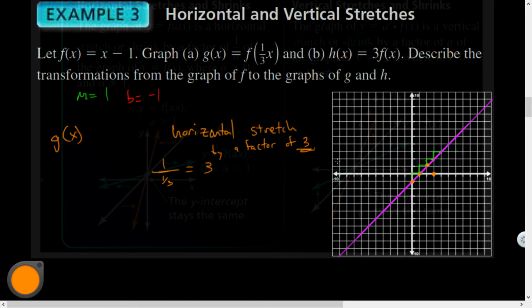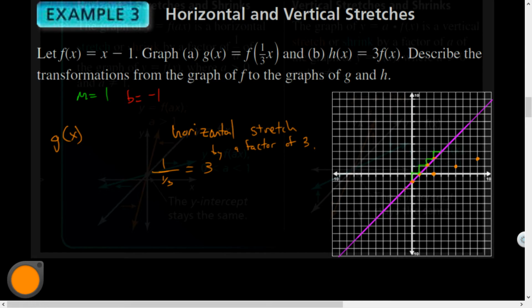What is 3 times 2? 6. So this point is going to be over 2, 4, 6, right there. This point was at 3 for its x-coordinate, and 3 times 3 is 9. So here's 3, here's 6, here's 9.